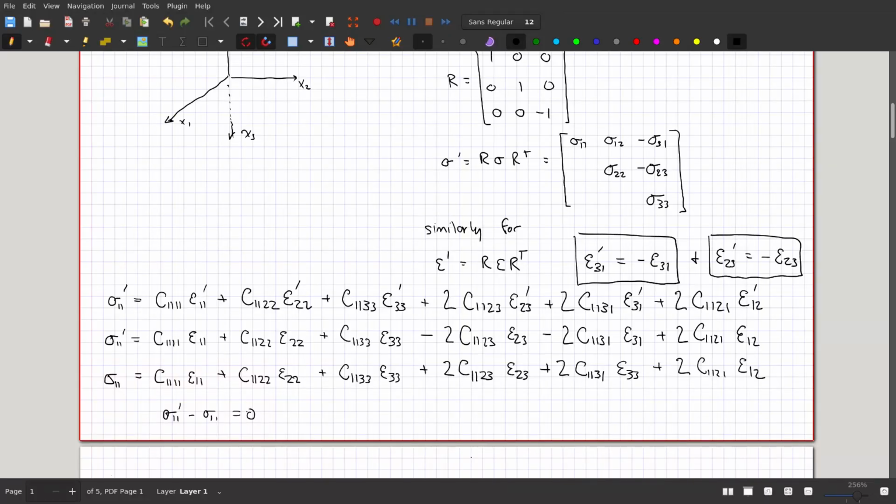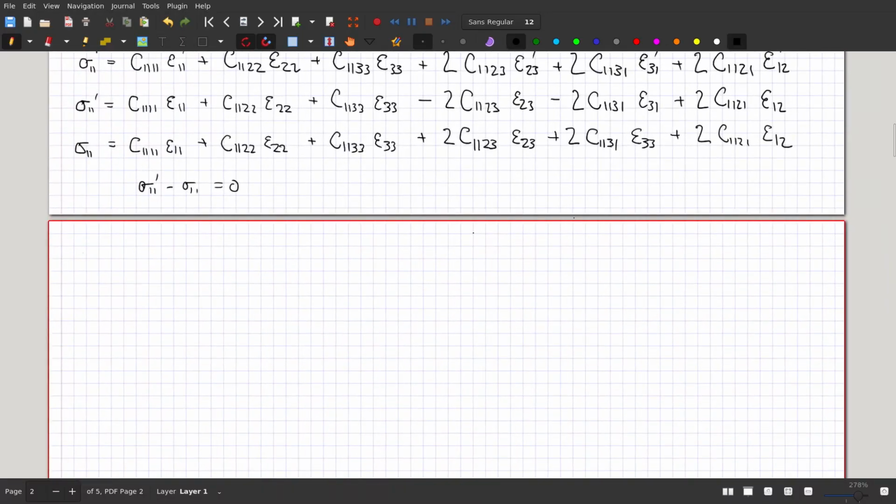Let's then subtract these two equations from one another, or the second from the first, and see what happens. We know on the left-hand side, if it's a plane of symmetry, that should be equal to 0. So this equation minus that equation should equal 0 on the left-hand side. Let's see what happens on the right. I'm just going to write down the result.